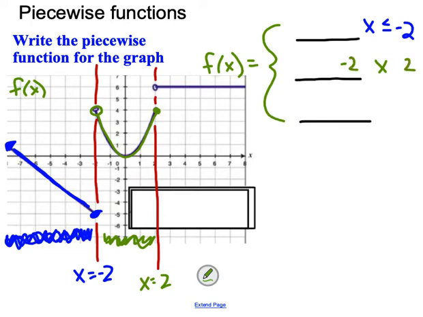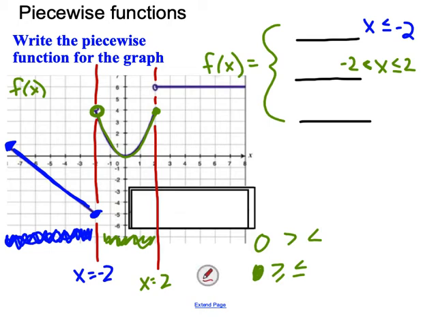And let's see. It's going to be bigger than that negative 2. It's an open dot, so I'm just going to have that sign, but it's less than or equal to a positive 2. So I have the less than or equal to there. So remember, open dot is just greater than or less than. The closed dot is greater than or equal to, less than or equal to.